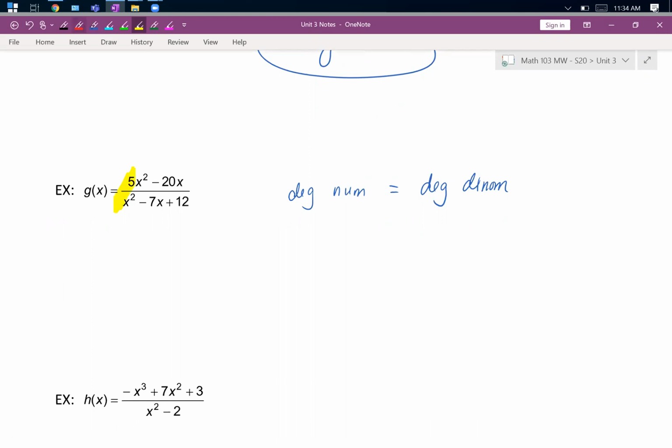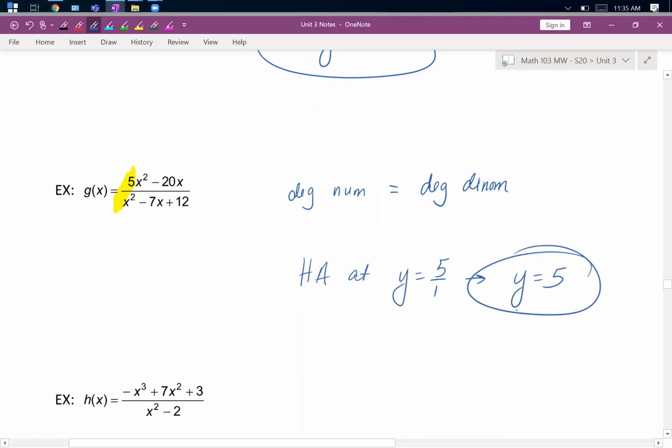We're going to have a horizontal asymptote at y equals the ratio of our leading coefficients, 5/1, but of course we want to write that just y equals 5. And you got to have the y there. This is the equation of a horizontal line. We got to put the y equals there. Any questions so far?